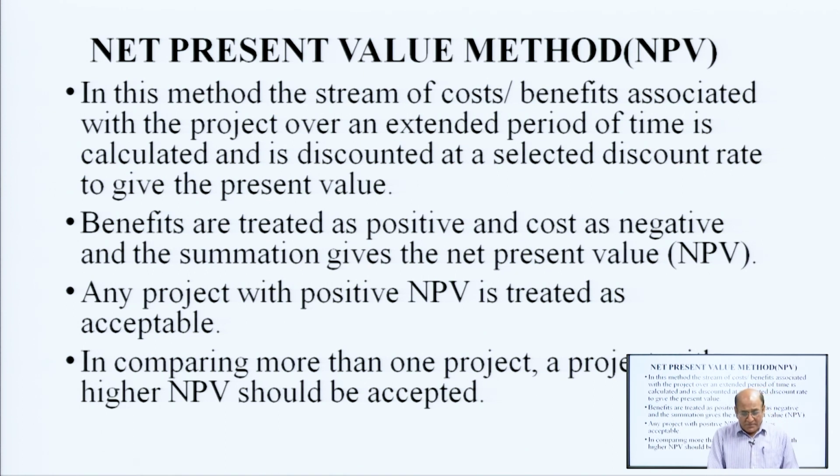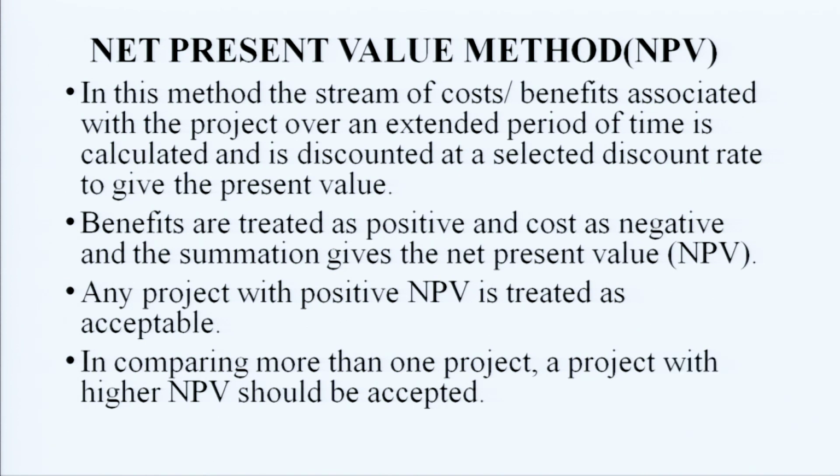Net present value method, NPV. In this method, the stream of cost or benefit associated with the project over an extended period of time is calculated and discounted at the selected discount rate to give the present value.